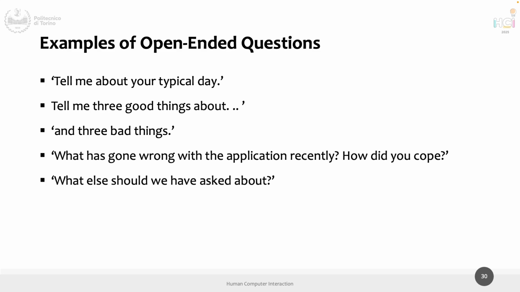Second, ask for good and bad things with typically the same number. So if I ask you, tell me some things that happen at Politecnico in your experience, I can bet money that you will tell me mostly negative things, right? Because that's human nature. So force people to say, okay, tell me 3 bad things, but also 3 good things.